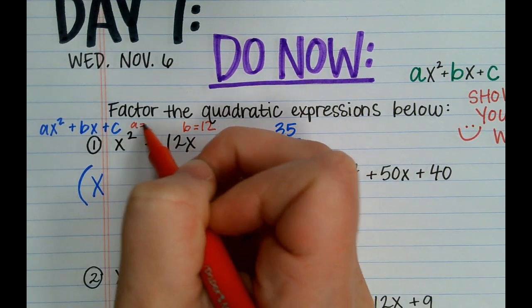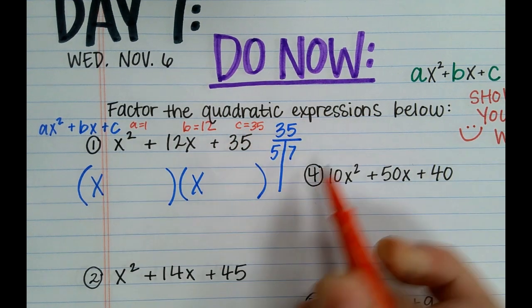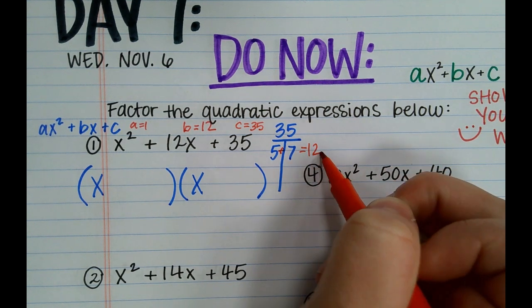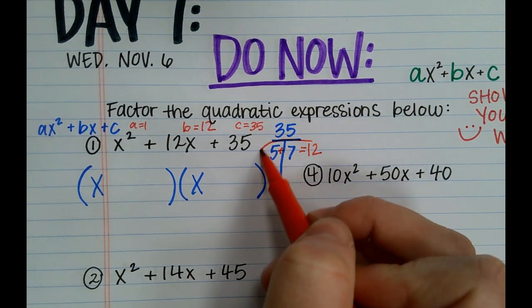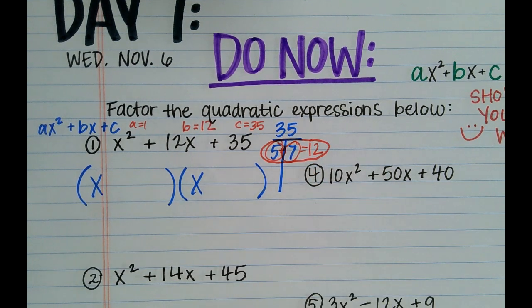Remember, our a is 1, our b is 12, and our c is 35. And 5 plus 7 does give us 12. So that means 5 and 7 are the numbers we'll put in our parentheses.